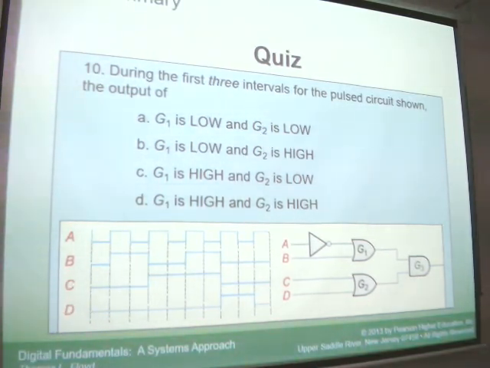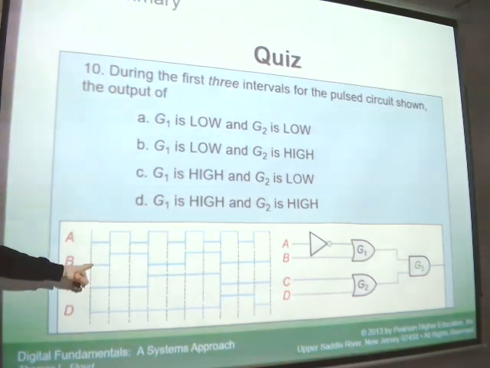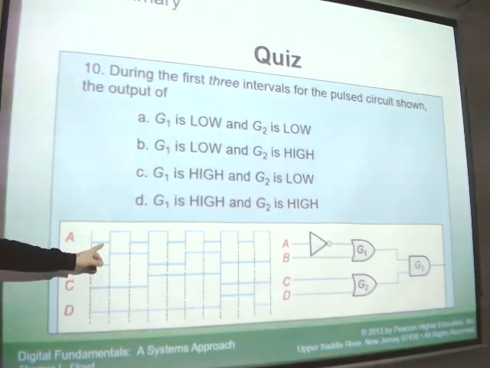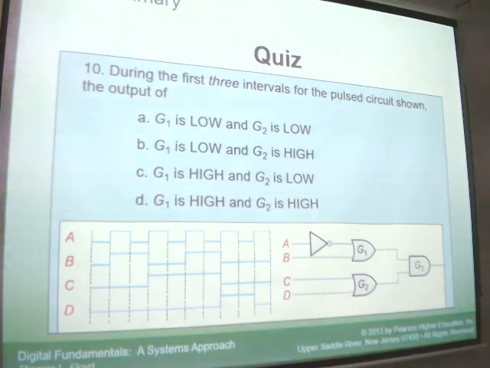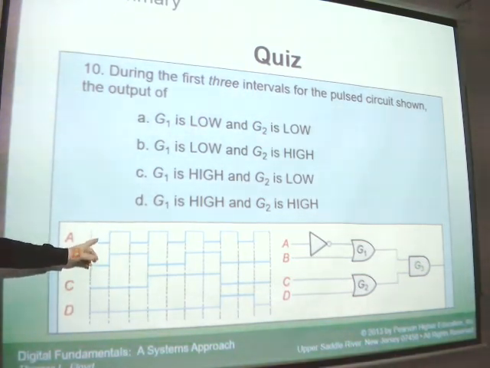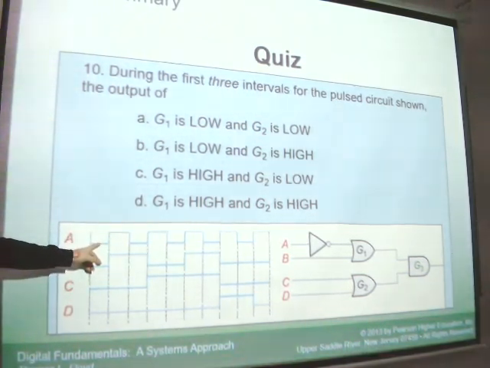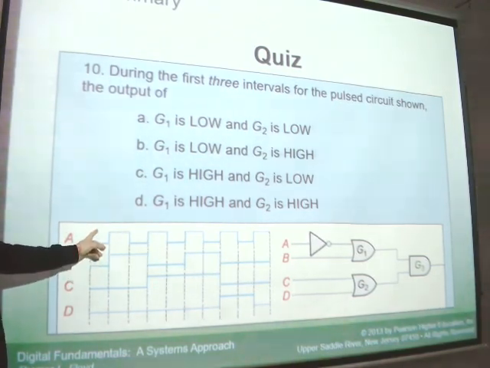So it's low. G1 is high because A bar equals 1.